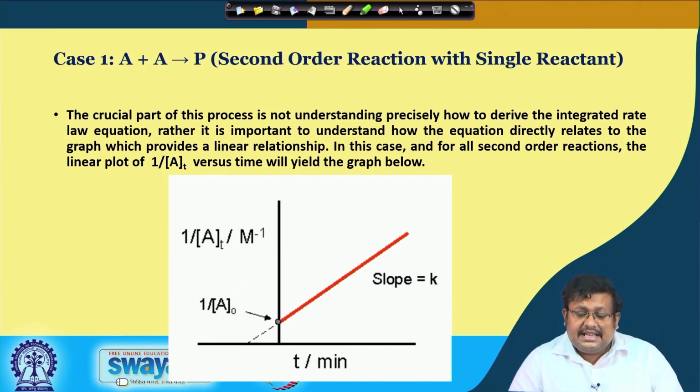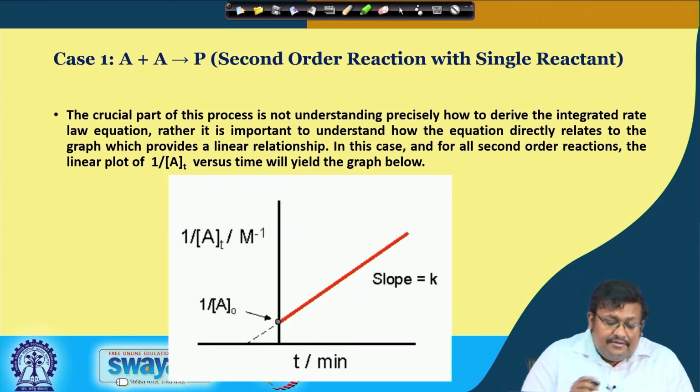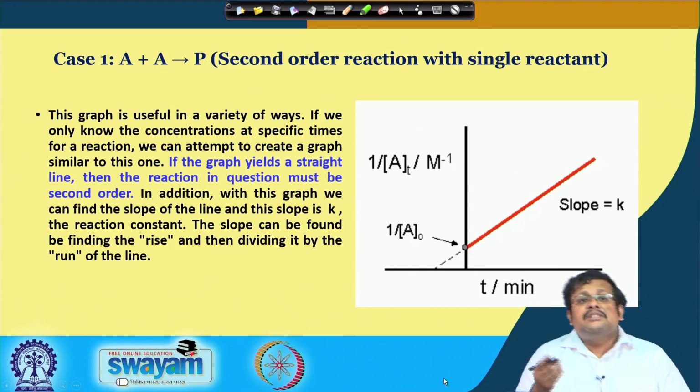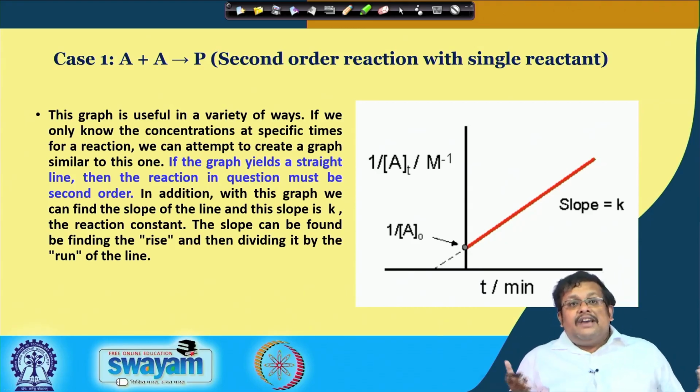So, for all second order reactions, the linear plot of 1 by [A] versus time will always give a straight line with a positive slope and slope value of k. This graph is useful in a variety of ways.